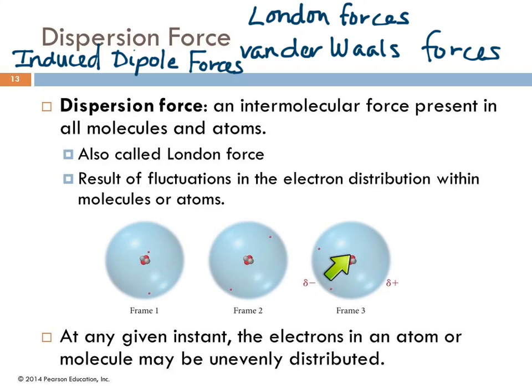So here we have protons in the nucleus. There's a positive charge here. And now we have both of our negative charges on the same side of the nucleus. That makes, overall, this atom have a dipole. It's a little negative on this side, and it's a little bit positive on that side. So at any given instant, you can have these electrons be unevenly distributed.